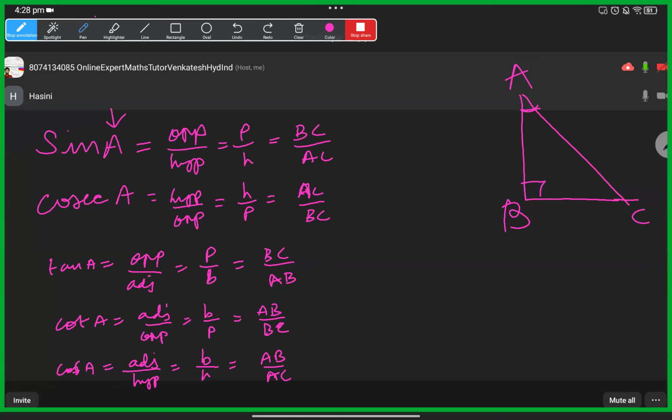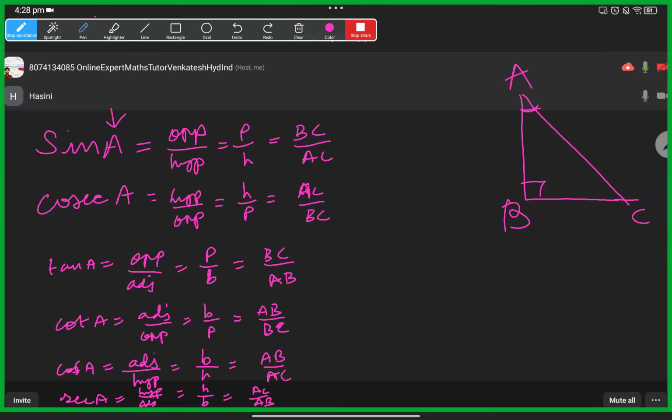Exactly. And the reciprocal of that is secant A, which is hypotenuse by adjacent, so AC by AB.